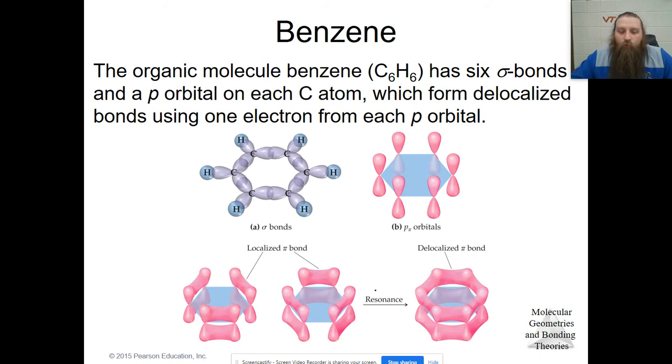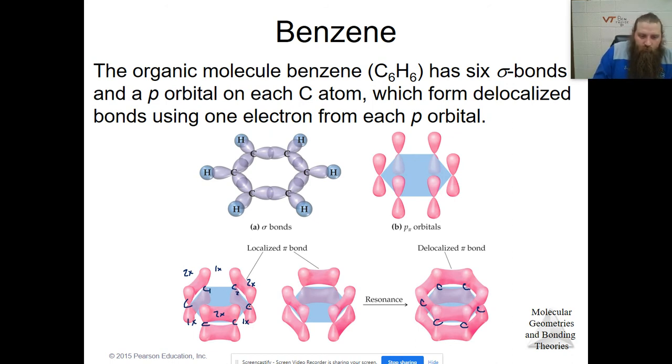So we'll draw it out. If you look at these two carbons right here, you would say these have a double bond, these have a single bond, these two have a double bond, these two have a single bond, these two have a double bond, and these two have a single bond. And then if you do the same thing over here, now it would change.